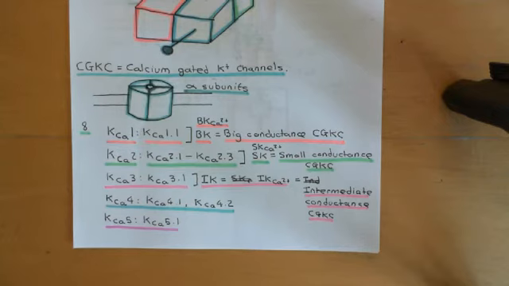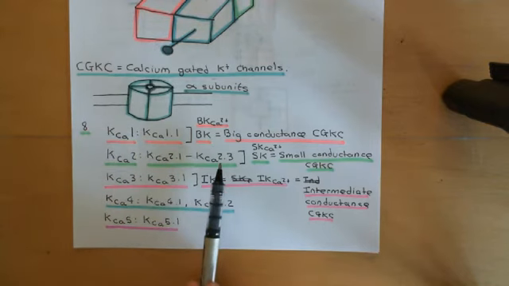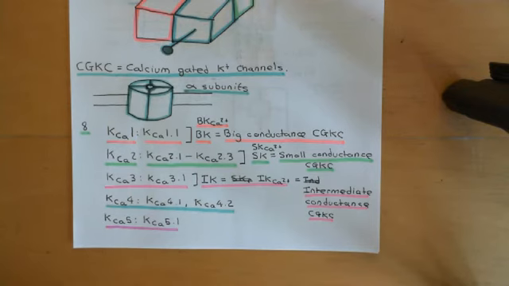You can either make homotetramers, where the 4 alpha subunits that you tetramerize together are made from the same gene, or you can make heterotetramers, where you have alpha subunits from different KCA2 genes. Then I'll remind you of the IK channels as well. So IK channels are homotetramers of KCA3.1 type alpha subunits.